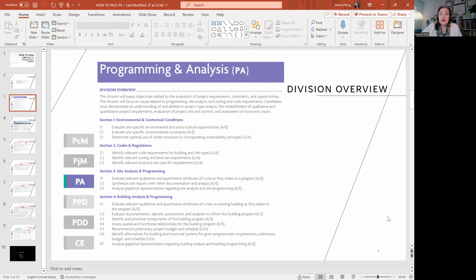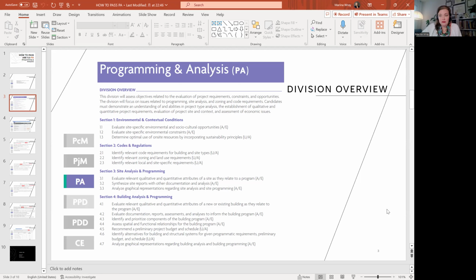You also need to be able to analyze the project type and then establish qualitative and quantitative project requirements, evaluate the project site and context, and assess economic issues before it's too late in the project, right?